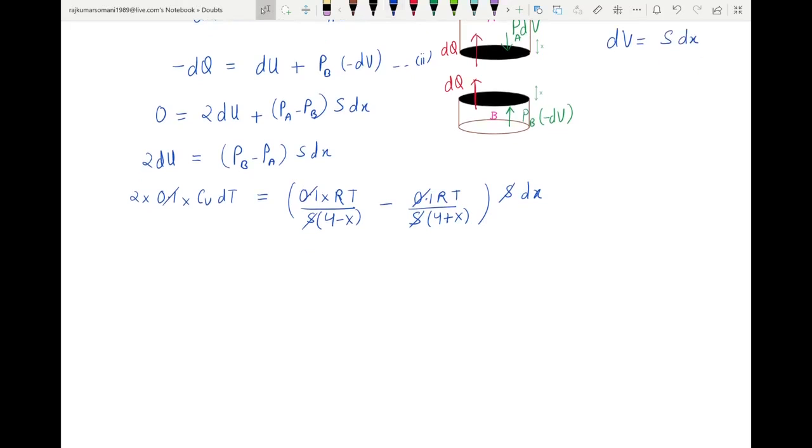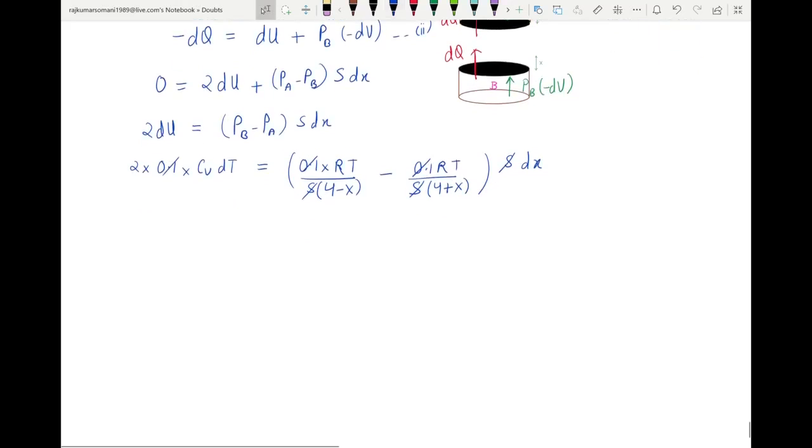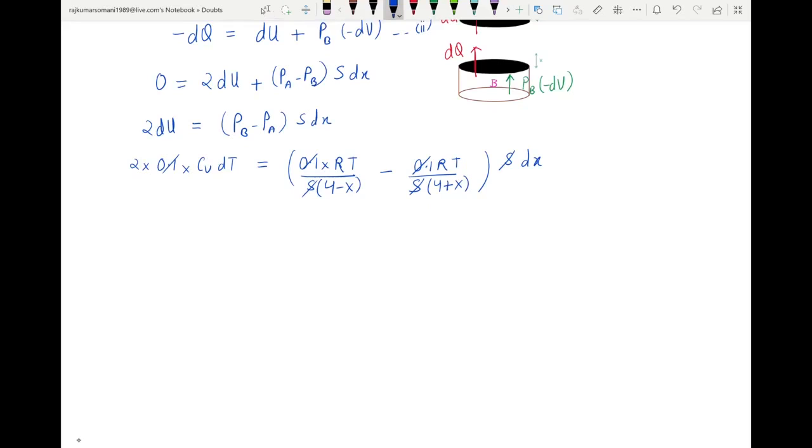Now clearly this equation requires integration. So 2 times Cv by R dT by T is equals to, by solving this, 2x divided by (16 minus x square) dx. Everything else is adjusted. And now let's integrate. Initial temperature was 300, we know.